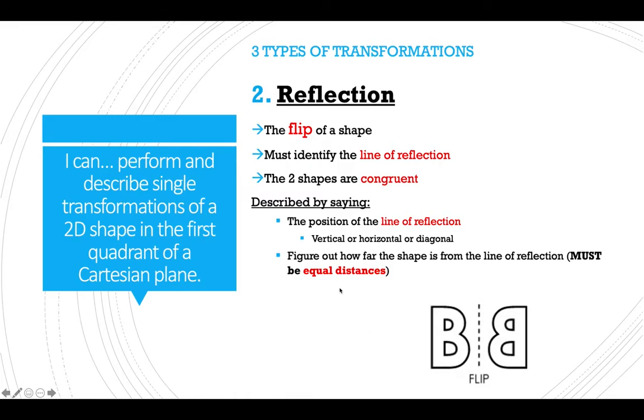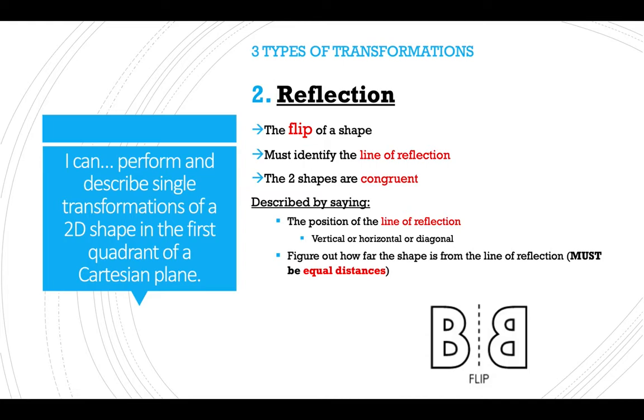The next thing is we have to figure out how far this shape is from the line of reflection. And the thing is, it must be an equal distance away. So in this case, we would probably say B is 1 unit away from the line of reflection. Maybe it's further. Maybe it would be 2 units away. Maybe it's touching. Maybe it's 0 units away.